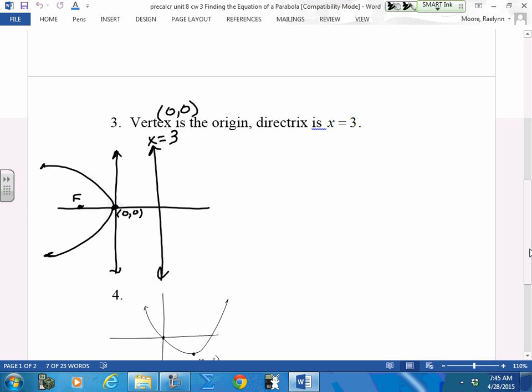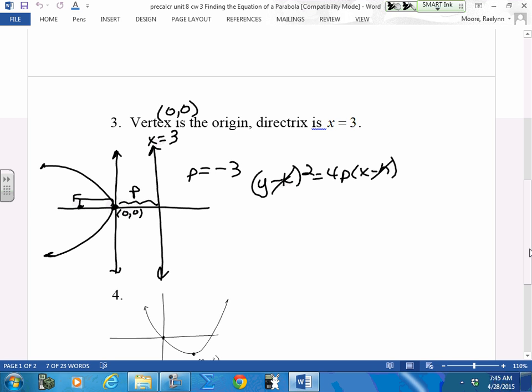Okay. What's the distance from here to here? p. Is p positive or negative? Negative. If it opens left, negative. p is actually the distance from your vertex to your focus, which is why it's negative. So we use the absolute value when we do it because we go left or right. So we're going to start with your y squared, y minus k squared, x minus h.